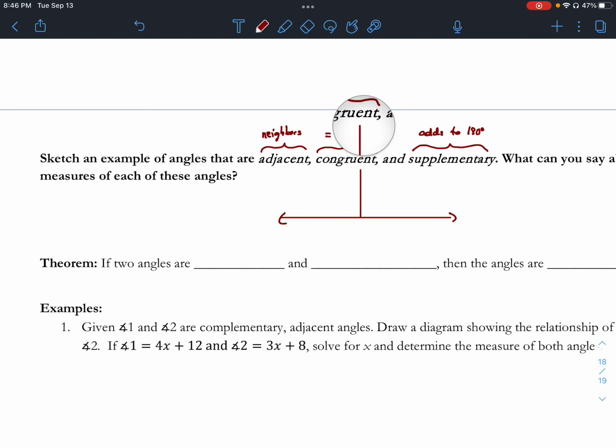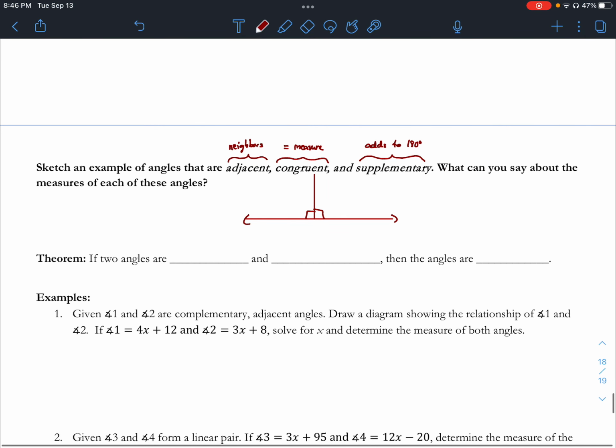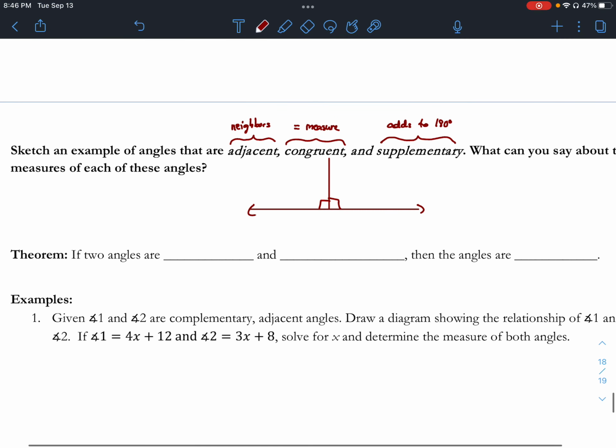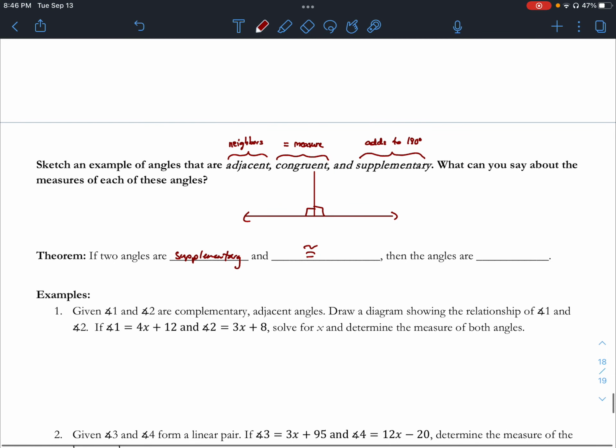And then they have to be congruent, which means that this has to be perfectly straight up and down, which would split 180 into 90 and 90. So what do we know about these two angles? These angles have to be right angles. So the idea behind this is if two angles are supplementary, meaning they add to 180, and they are congruent, those angles must be right angles.